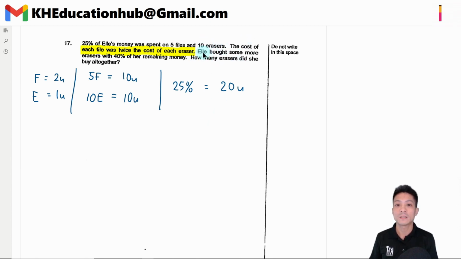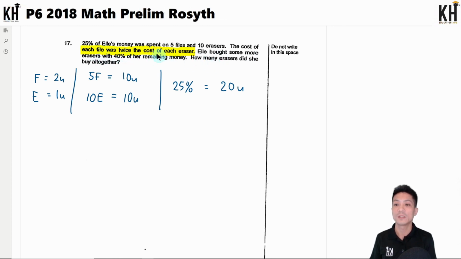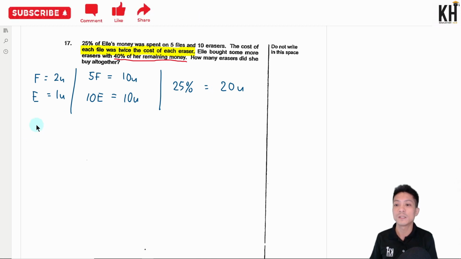Then after that, L bought some more erasers with 40% of her remaining money. So 40% of her remaining money is how many units? The first thing we need to find is what is 40% of her remaining money. That means of 75%.